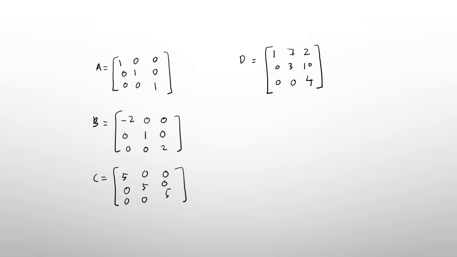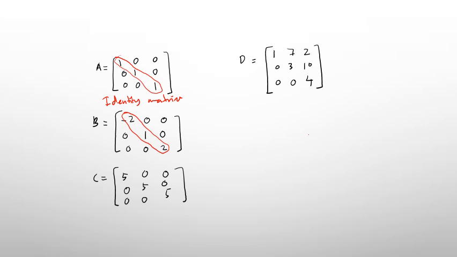Now let us determine these types of matrices. The first one, A, is a square matrix. The elements are only on the diagonal, and they are all equal to 1. So this is an identity matrix. How about B? It's still a diagonal matrix, because the non-zero elements are only on the diagonal and the rest are zeros.